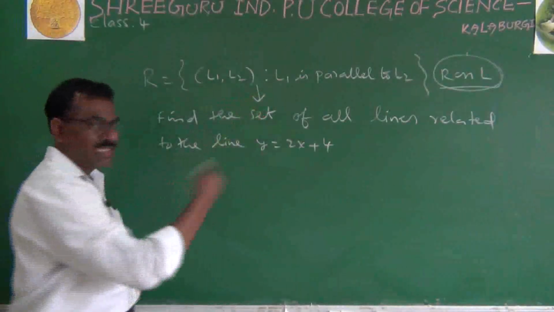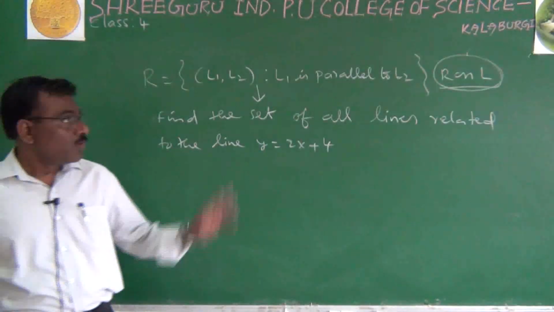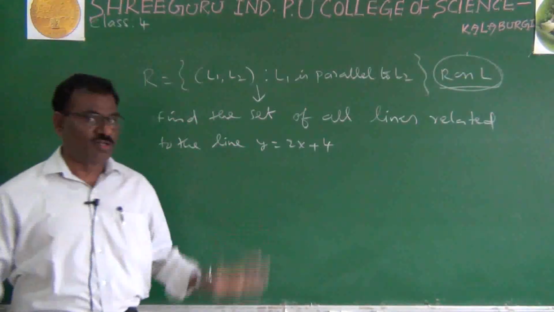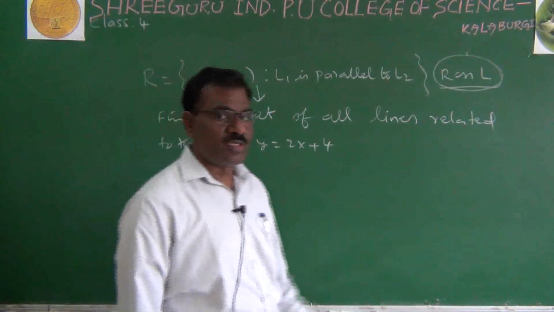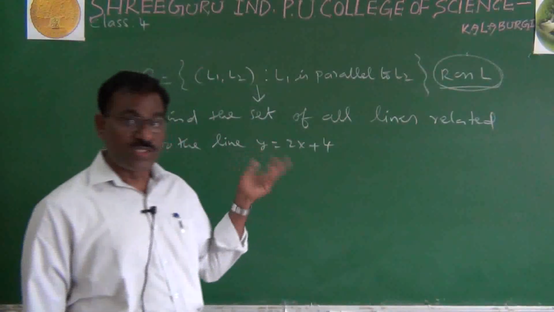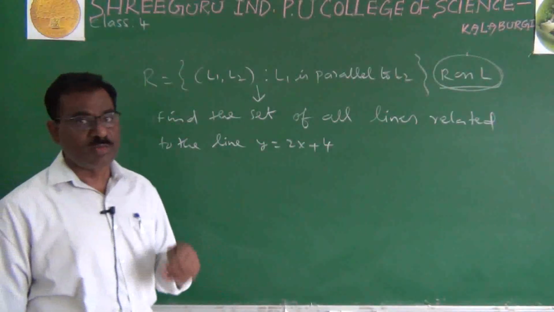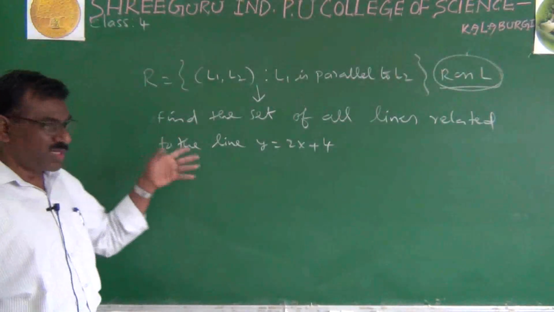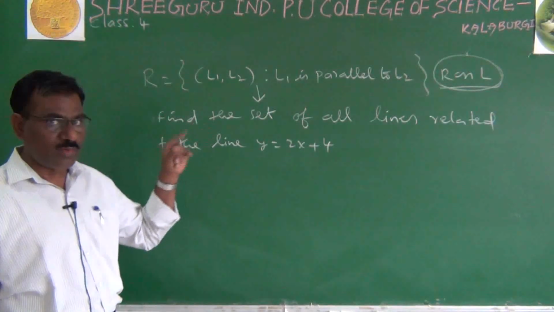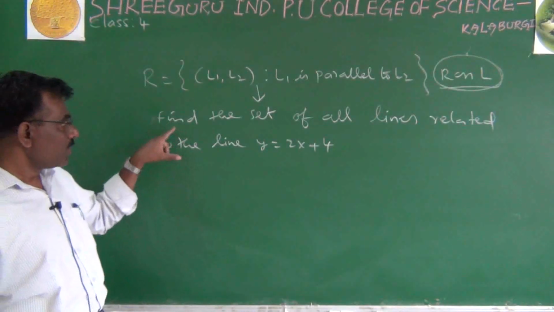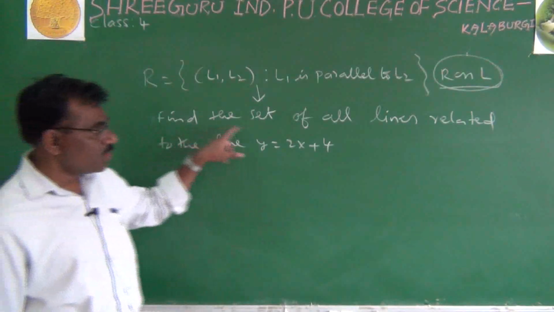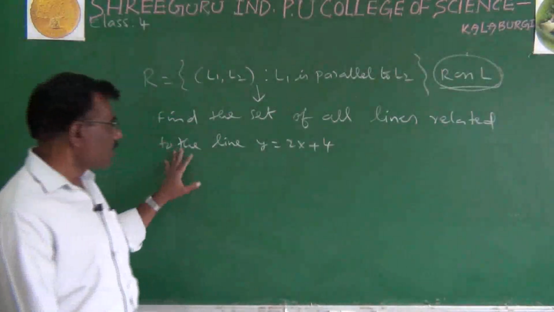In this question, there is an extra part also. First question: show that this relation R is an equivalence relation. You are doing reflexive, symmetric, and transitive. In the same question only, but I am not giving the questions, I am not writing on the board, so I am explaining orally. Also find the set of all lines related to the line.